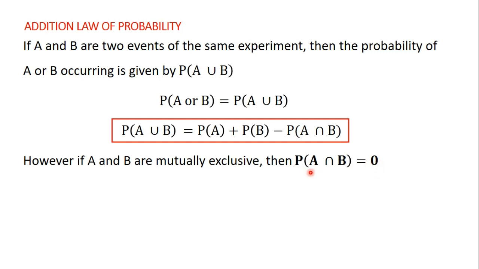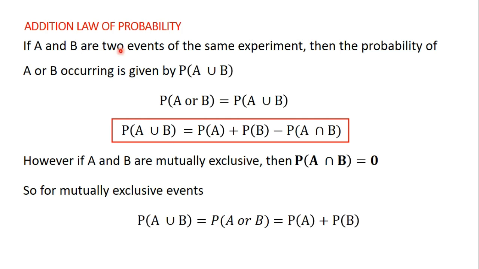So if A and B are mutually exclusive events, then the addition law of probability becomes probability of A plus probability of B. This means that if A and B are mutually exclusive events, then the probability that A or B will occur, which is also written as probability of A union B, is given as probability of A plus probability of B. So this is the addition law of probability.